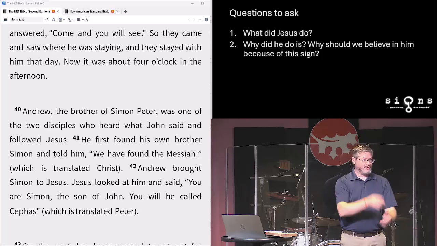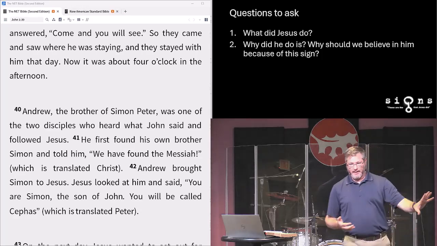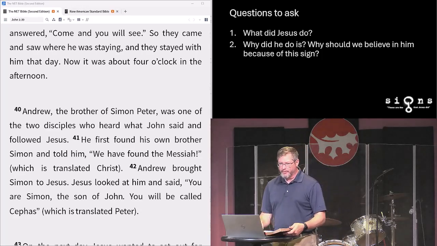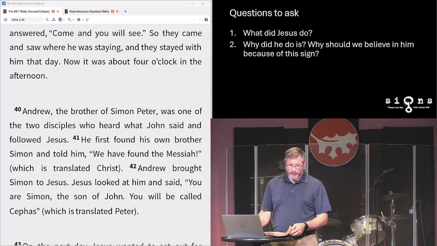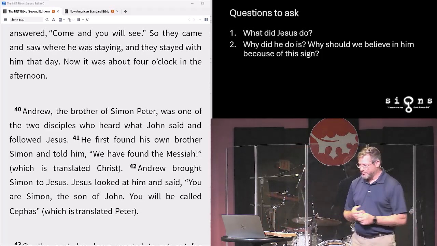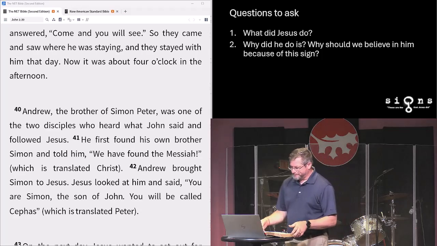And John the Baptizer said, "Good, go," because he's the Lamb of God, right? He was the one of the two. The other guy is not mentioned by name. Who do you think maybe that was? Okay, probably John the Apostle. Probably John the Apostle. Okay?